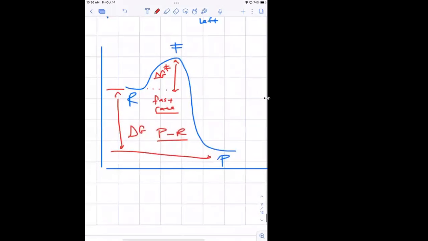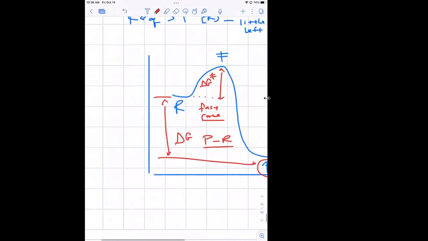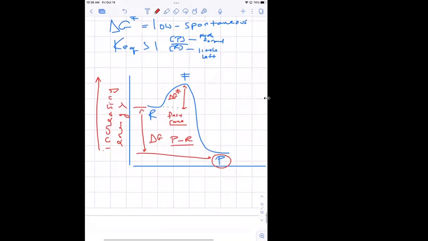Notice the product way down here, a small number. Energy is increasing in this direction. The energy of R is much greater than P. If we say the energy is increasing from bottom to top, P is going to be a small number, R is going to be a big number, and delta G is going to be negative.